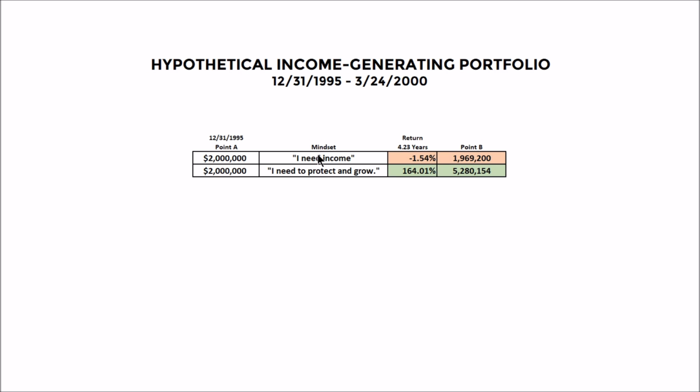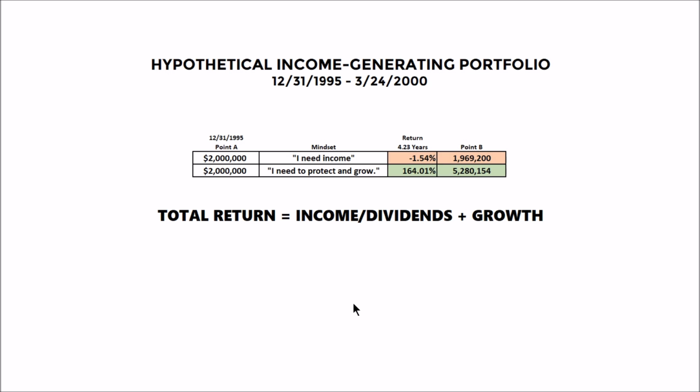Therefore, let's talk about the broader mindset with your retirement funds or your nest egg. Our investment return, or our total return, which is what we really care about, is the sum of our income and dividends and hopefully our capital appreciation.